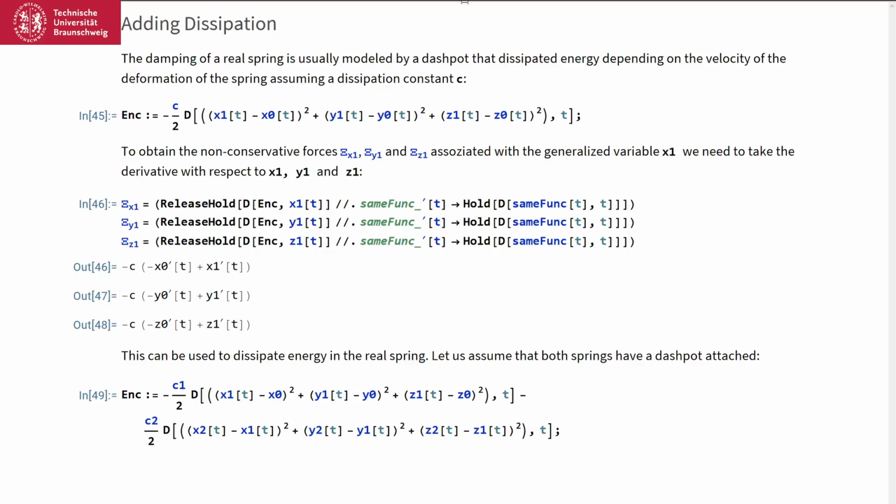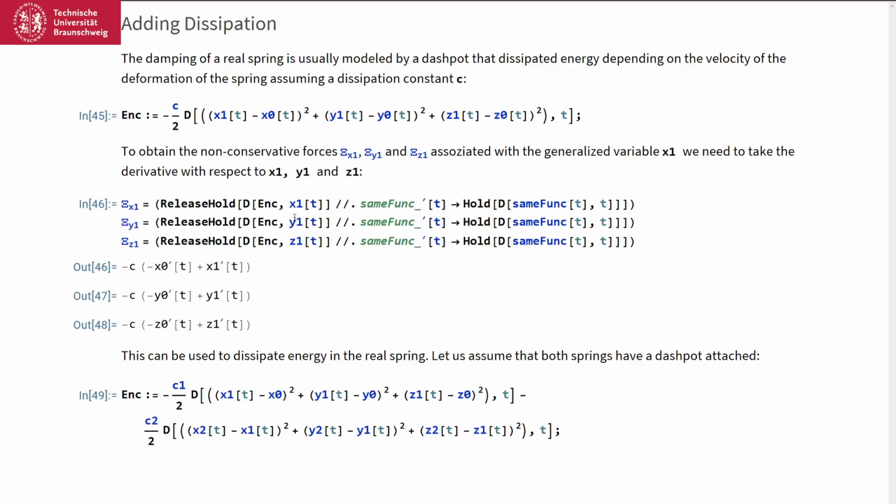And this dashpot can be modeled by this slightly strange-looking energy here. This actually looks like an energy stored in a spring. I have to apologize that this is potentially not the most intuitive way to see this.